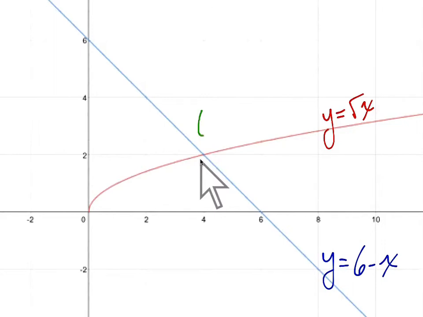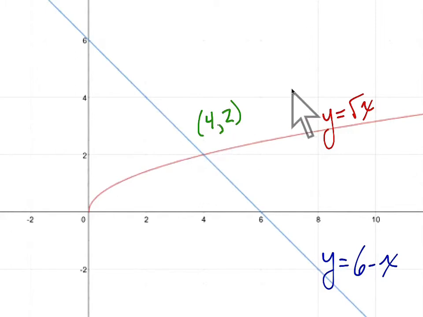If you didn't have a precise graph of this, you could simply take this function, set it equal to that function, solve, you'd end up getting a quadratic, and the two intercepts for that quadratic are y equals 2 and y equals negative 3, and we're looking for the y equals 2 intercept.